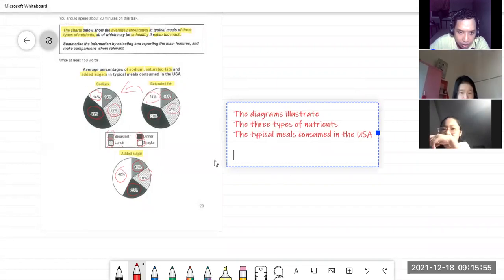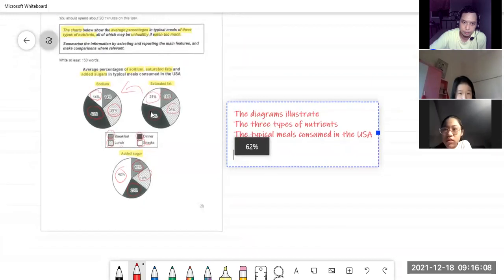Okay, I want to ask Tao, are these healthy? It is unhealthy.